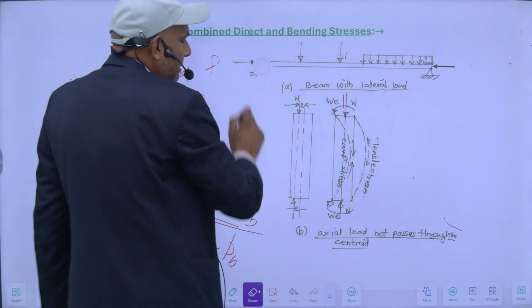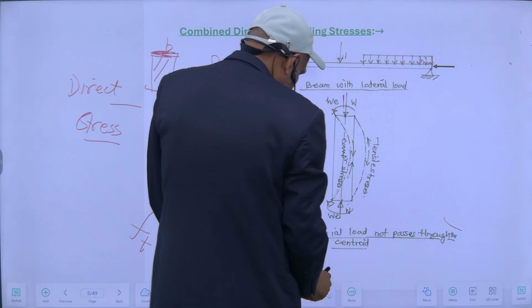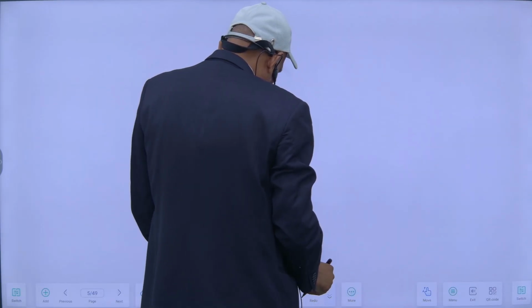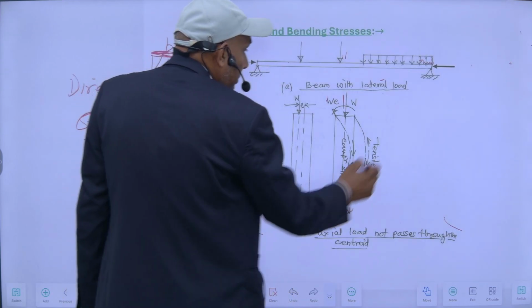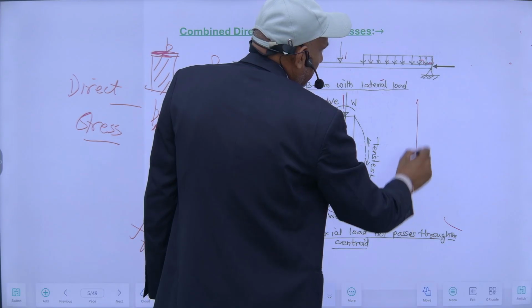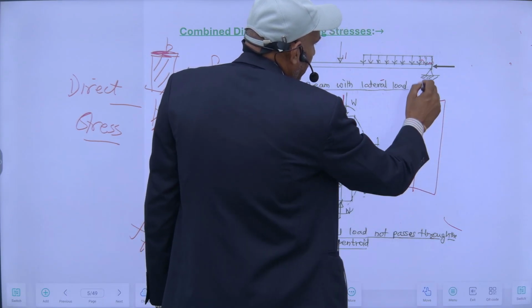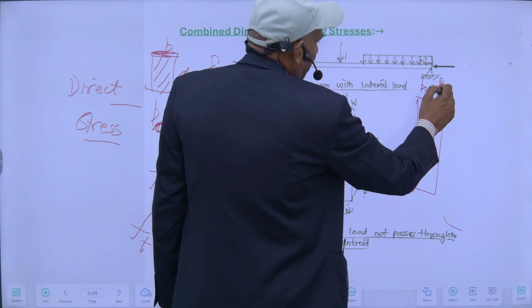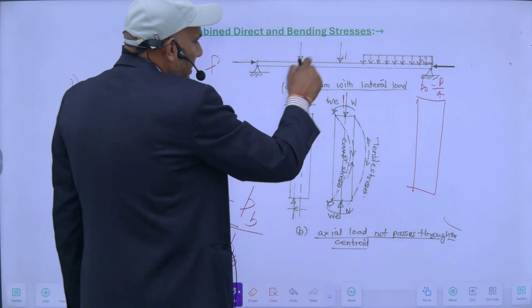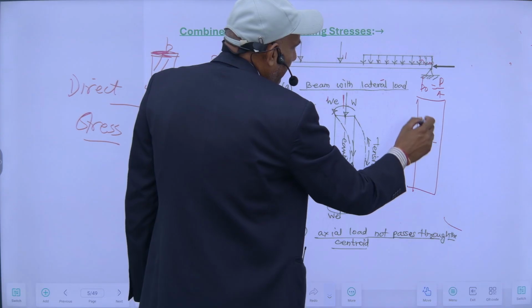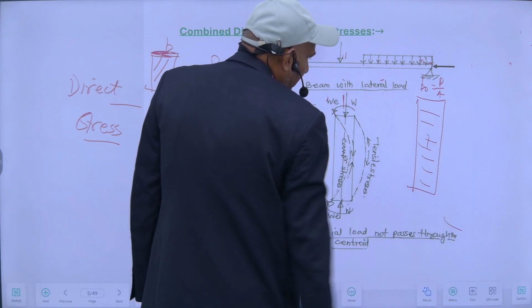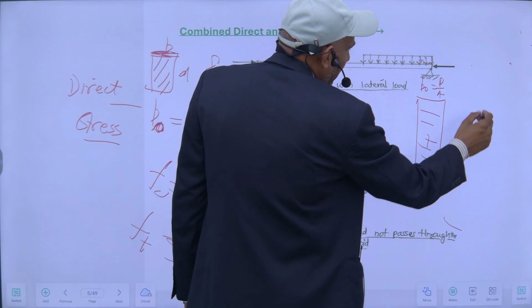So due to those stresses, my stress diagram will be like this. This load P upon A is my direct stress. P upon A will be compressive throughout. And my bending stresses will be like this.